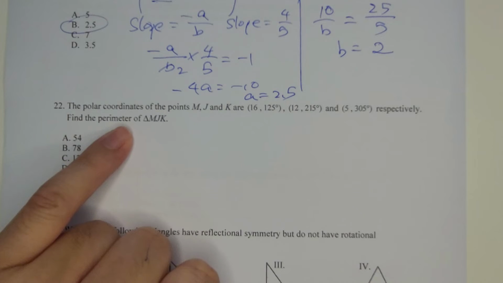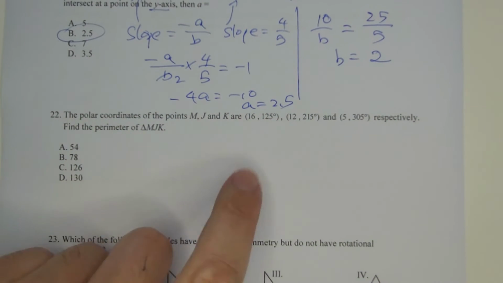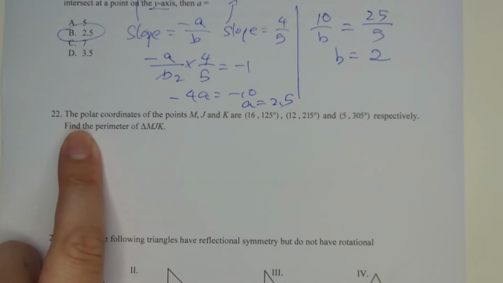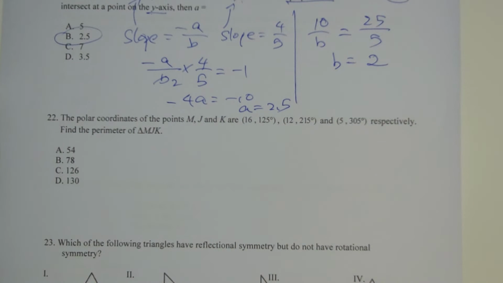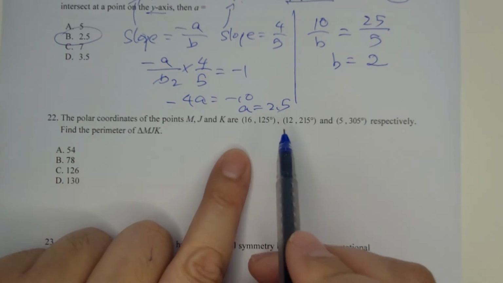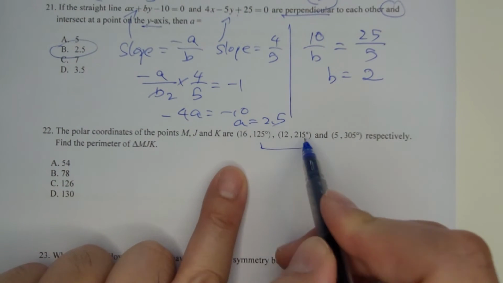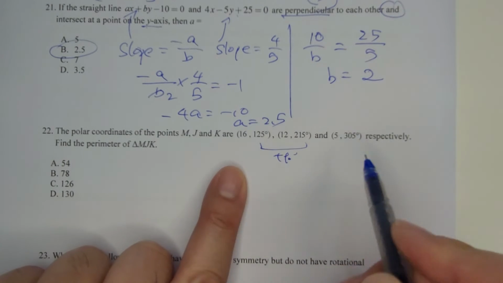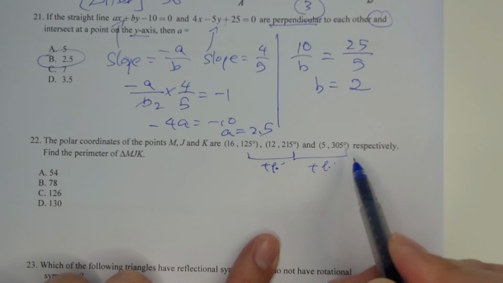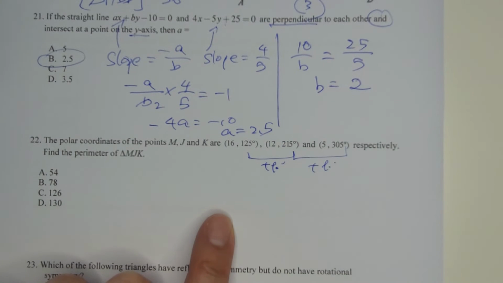This one, the polar coordinates of M, J, and K are these 3 points. Find the perimeter. When you are considering polar coordinates, you need to pay attention to the angles among these points. 125 degrees plus 90 degrees, you get 215 degrees. 215 degrees plus 90 degrees, you get 305 degrees.